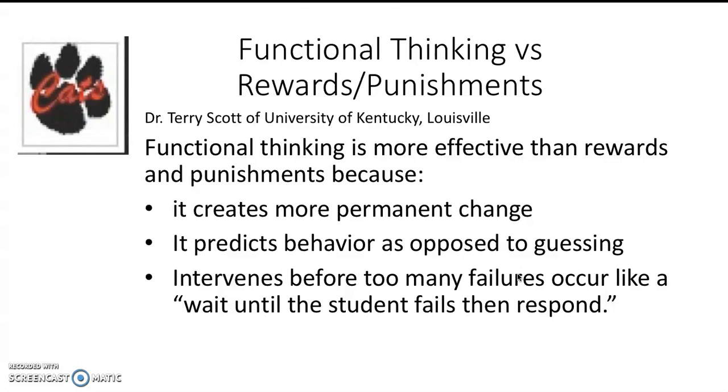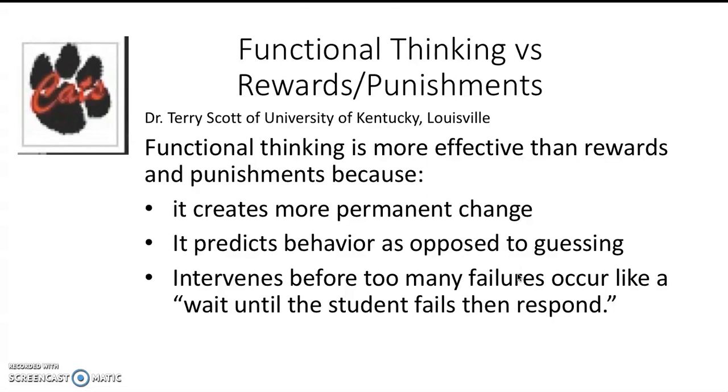If you think about what we do, we traditionally do rewards and punishments to try to get behavior to change. Dr. Terry Scott presents the idea that functional thinking is more effective because it creates permanent change. If we get to the root of the behavior, we can provide a replacement behavior and teach that behavior, and it becomes permanent change.